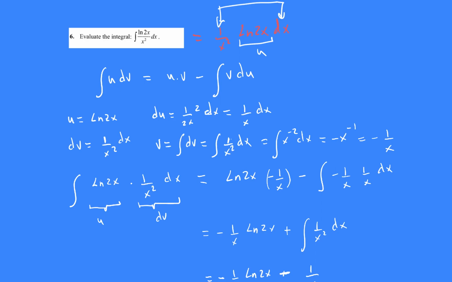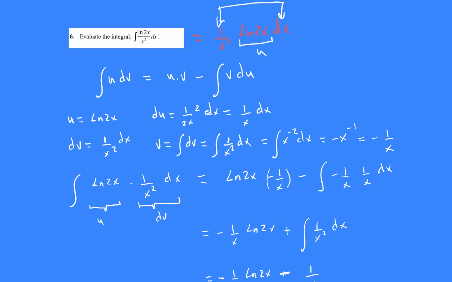So it's u, natural log of 2x, times v, which is minus 1 divided by x, minus the integral of v, which is minus 1 divided by x, times du, and du is 1 divided by x dx.